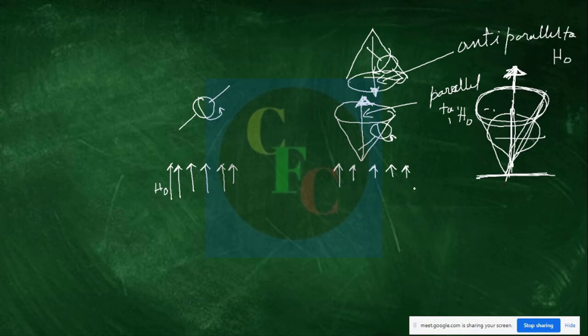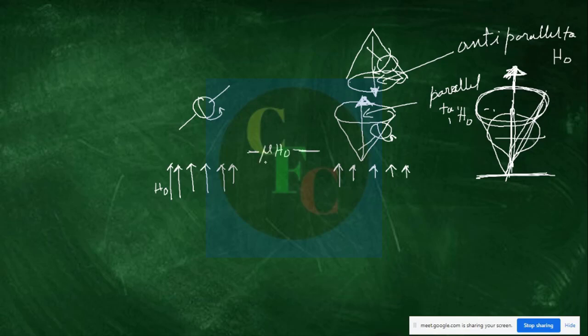And obviously you can see that these two spin states will have different energies. The state which is parallel will be lower in energy by an amount calculated to be minus mu H0.